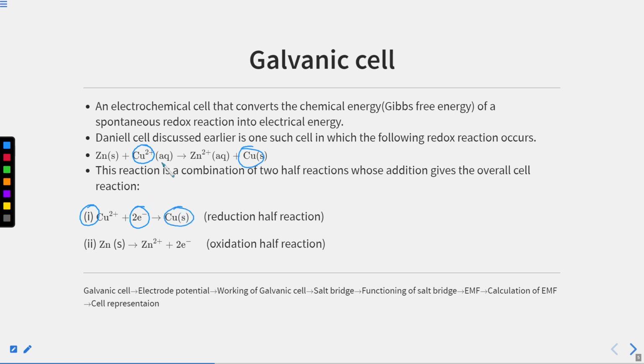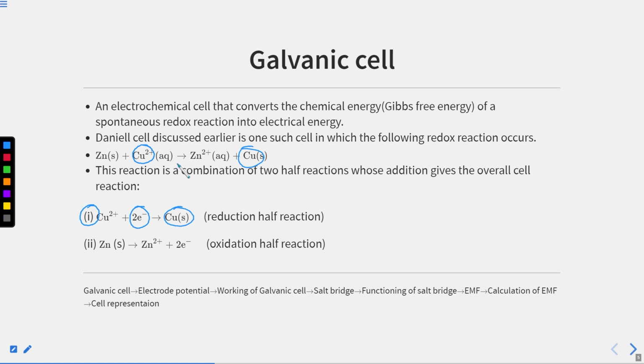Here aq means aqueous. This Cu2+ is present in water. We know that Cu2+ cannot be present as an independent species, so it must be a salt, CuSO4 or CuCl2 or anything. Now this salt cannot be present in concentrated or 1M form as such. Why?